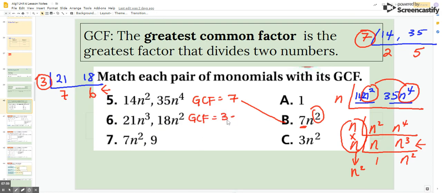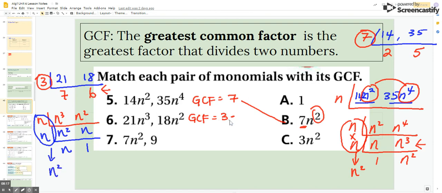Now look at the letter part. You divide it by n, so it's n squared and n. You can divide one more time by n, and n divided by n is 1. So the greatest common factor is n squared. So 3n squared. It's going to be C.